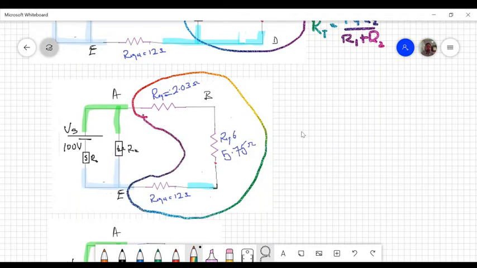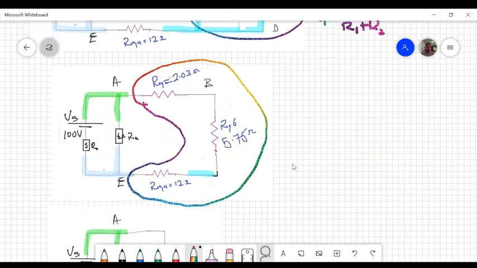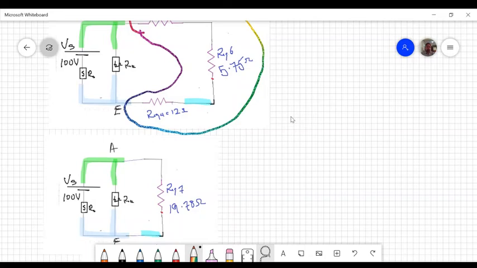How do we know they're in series? The same current passes through all of them. And you combine these three resistors in series, 2.03, 5.75, and 12, to get 19.78.